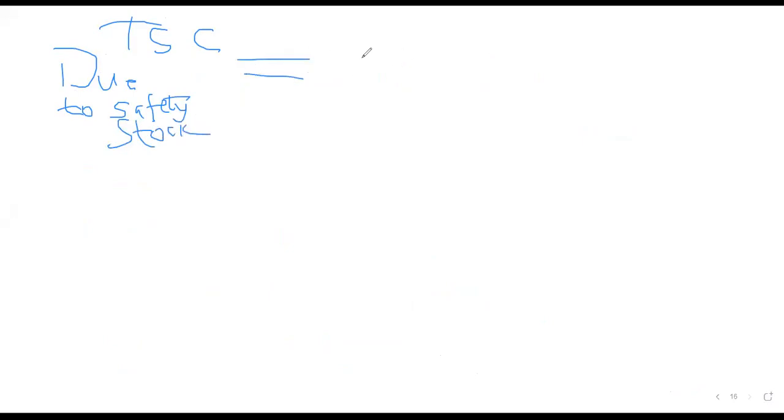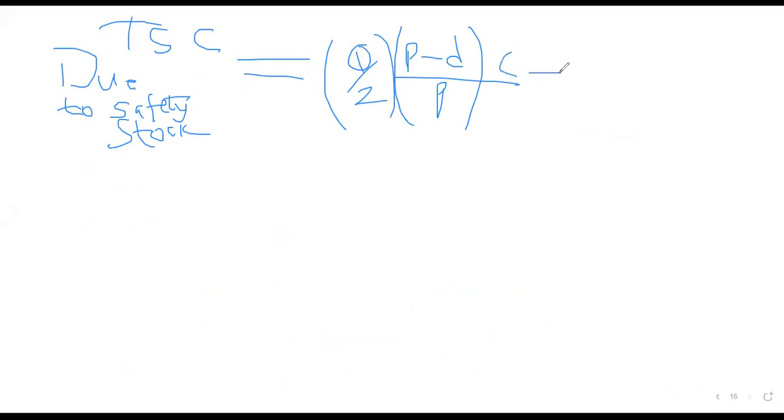Due to safety stock, it is Q over 2, times P minus D over P, times C, plus D over Q times S, plus safety stock multiplied by holding cost.